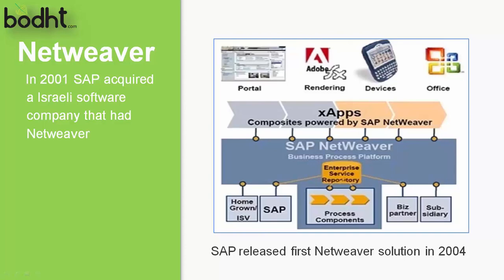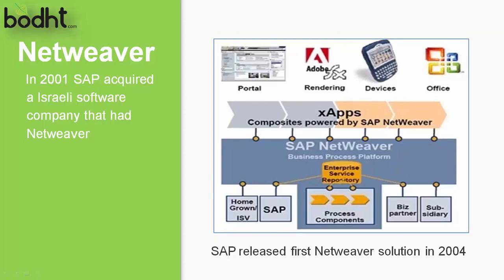And around 2000, the world was moving towards browser based solutions. Since SAP is an old development and an ABAP based solution, they were not able to bring the entire SAP system as it is onto the browser. So in 2001 SAP acquired an Israeli software company that had this technology called NetWeaver.